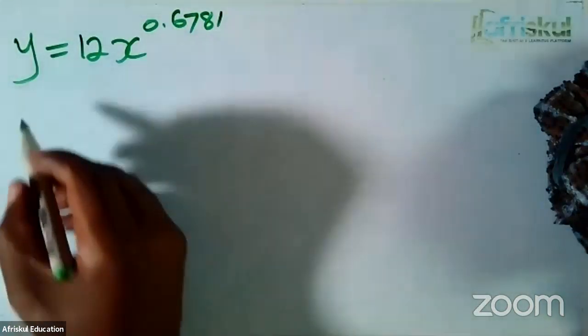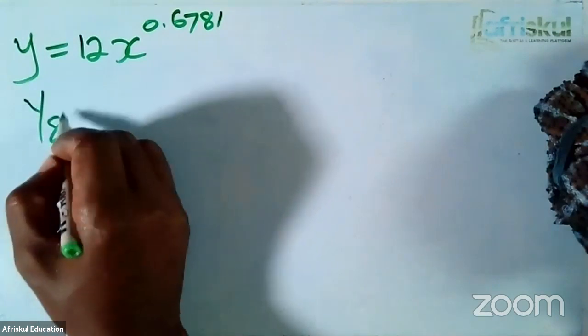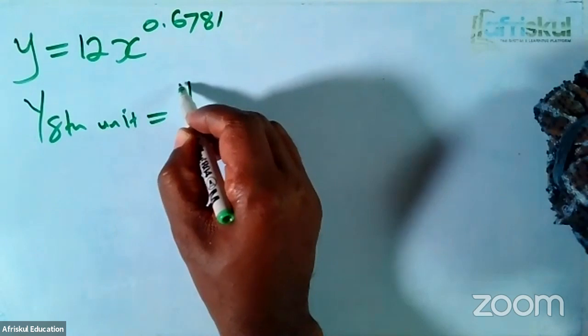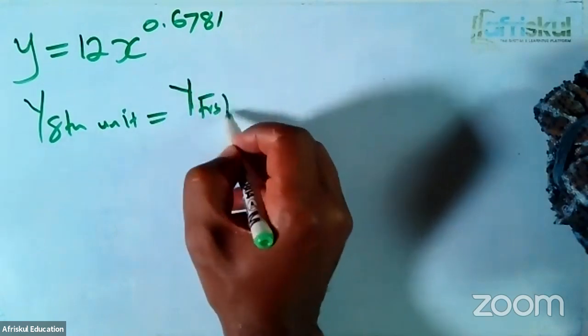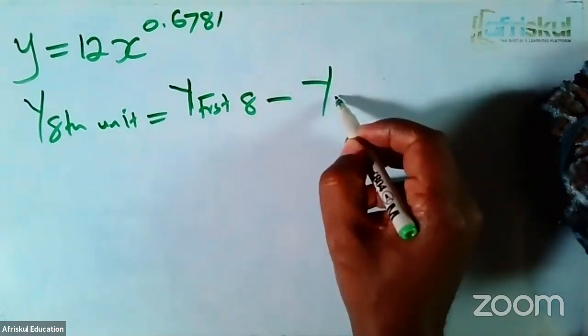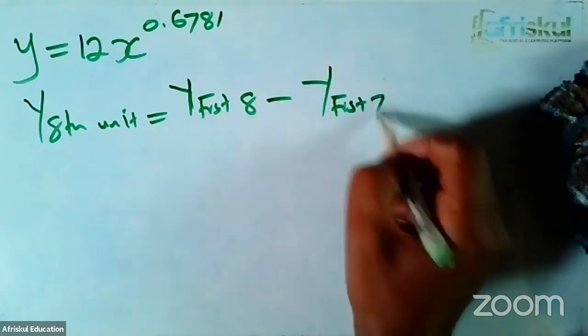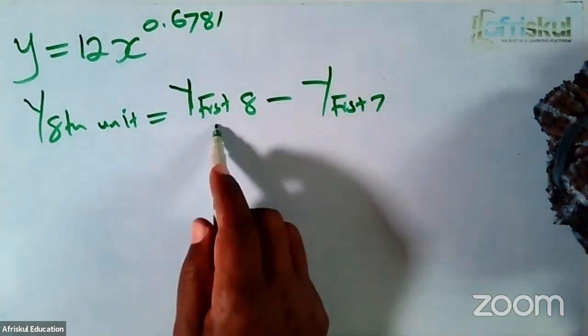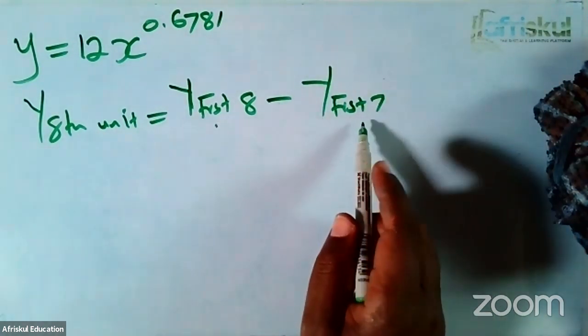So if they want us to give them the time of the 8th unit, what I'll do is to take the time of the first 8 units minus the time of the first 7.